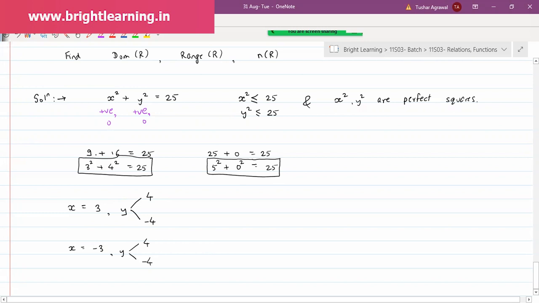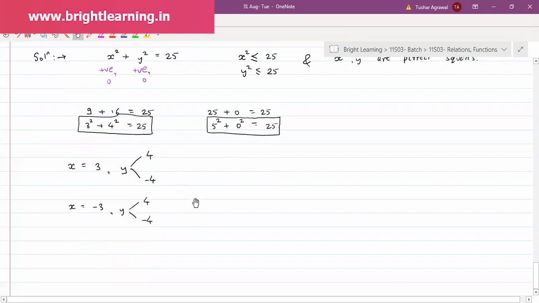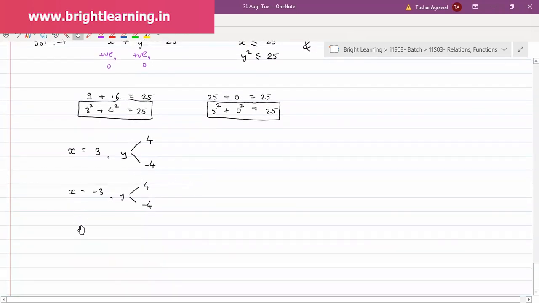But why are you taking x square to be equal to 9 only? X square can be 16 also. Instead of pairing 3 comma 4, you could have also paired 4 comma 3. So if x is equal to 4, then y could have been 3 and minus 3.